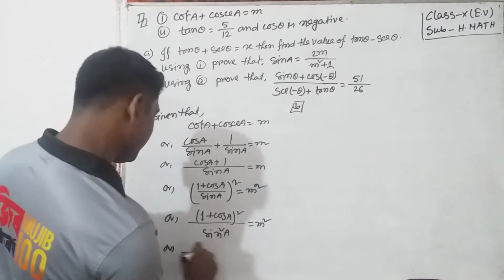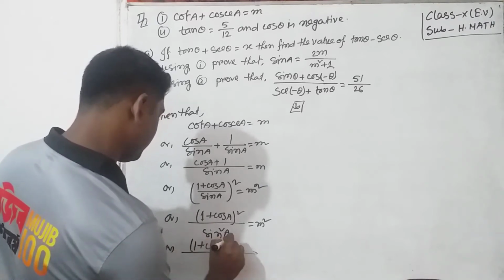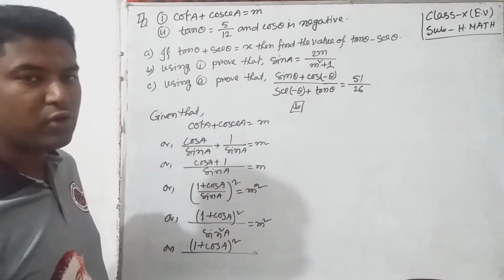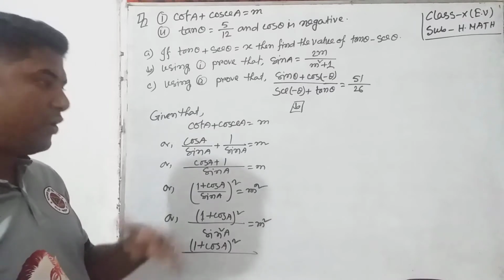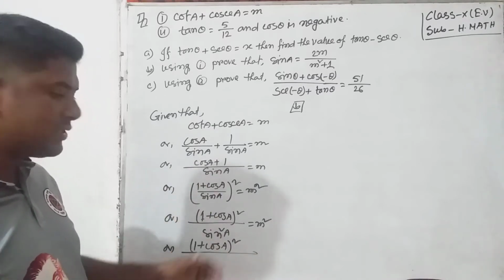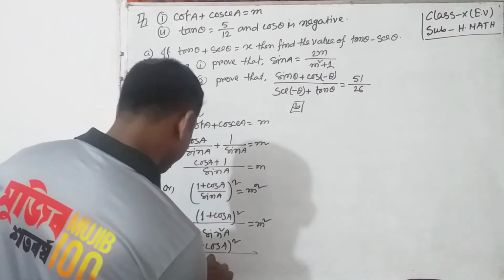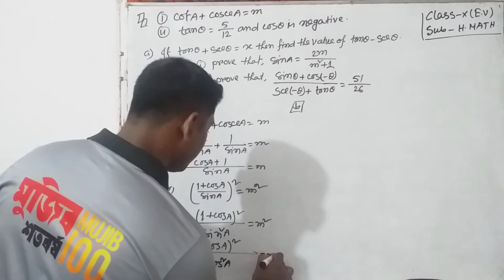We know sin square theta plus cos square theta equal 1, from this law we can write sin square theta equal 1 minus cos square theta. So we can write 1 minus cos square A.